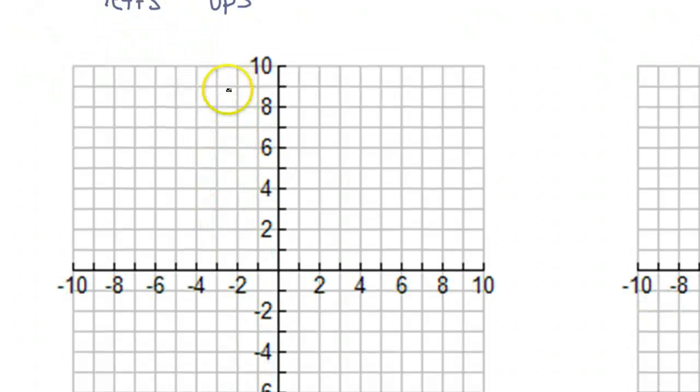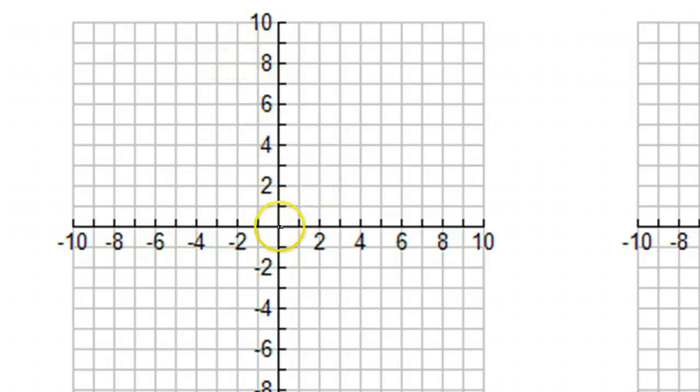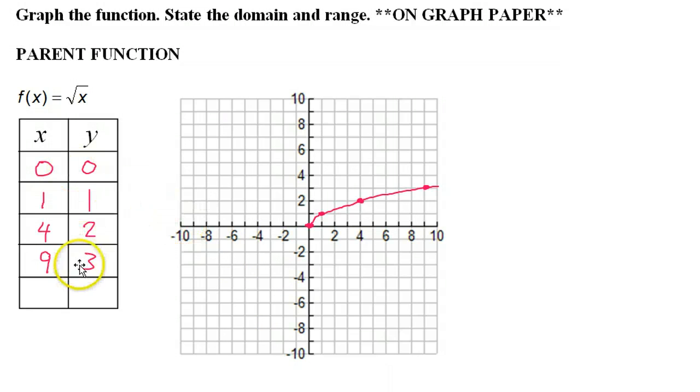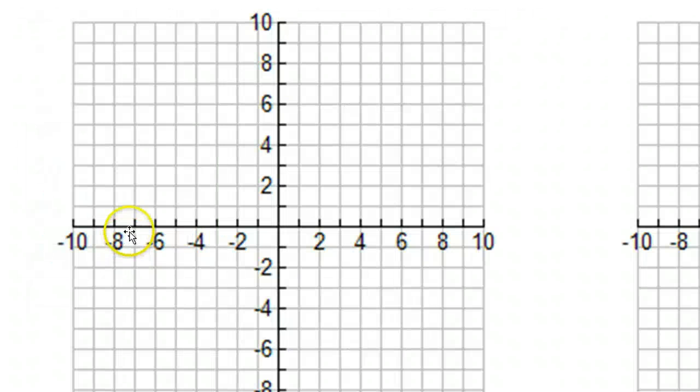So if I were you, the first thing I would do is graph the parent function just with the dots, sort of the skeleton. So remember the parent function that we just did, we had these points here, 0, 0, 1, 1, 4, 2, and 9, 3. And because we memorized the way they work, 0, 0, and then remember the 1, 3, 5, so it's over 1, then over 3, and then over 5 from there.